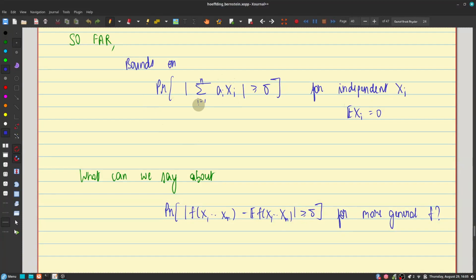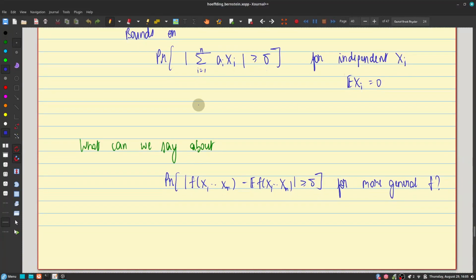And we saw that if these xi's are either sub-Gaussian or sub-exponential, then we can in fact derive exponential tail bounds on this particular probability. But really, what can we say about more general functions, which is really what we want in many applications, right?